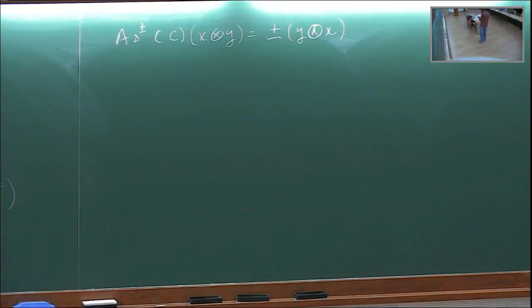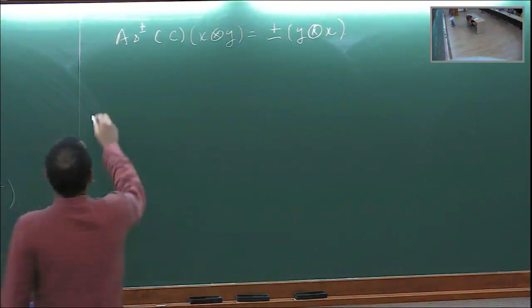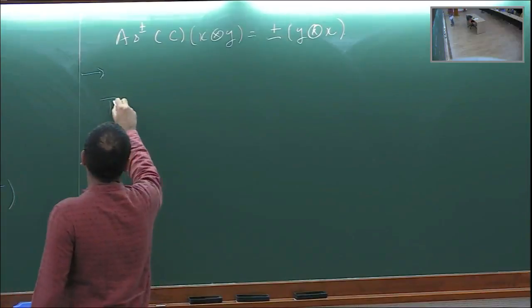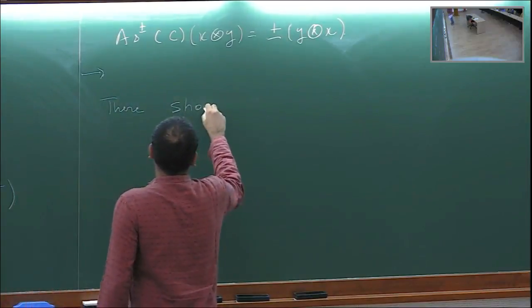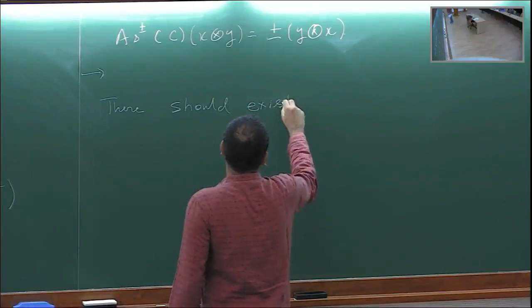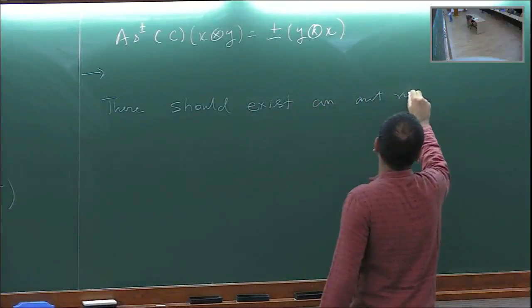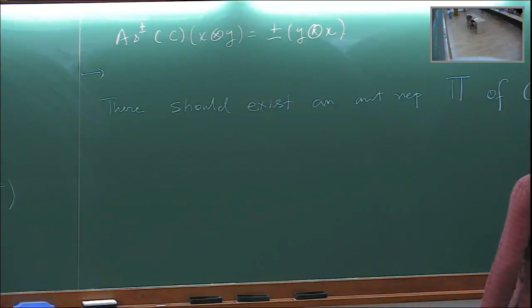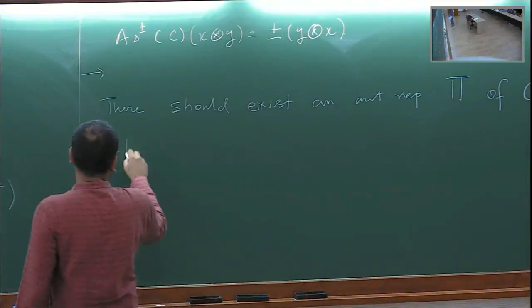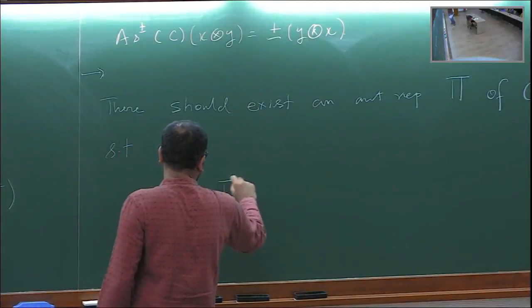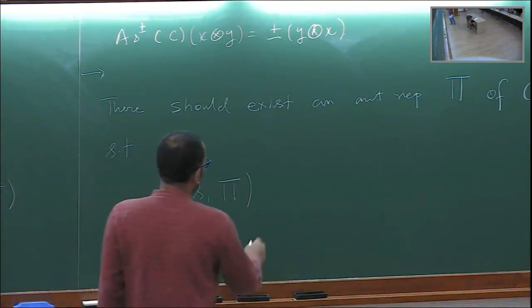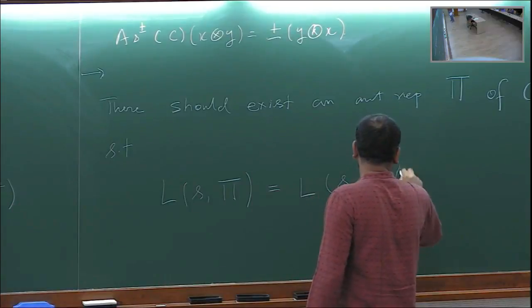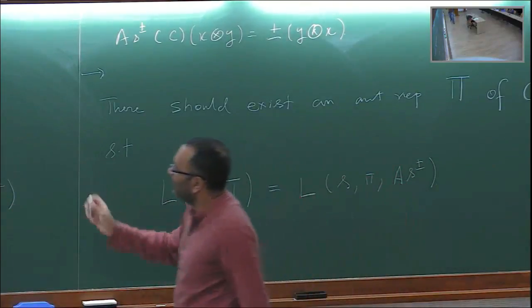All right. So this gives us a map between L-groups, and the principle of Langlands functoriality says that there should exist an automorphic representation, capital Pi of GL4 over the adeles, such that the L-function of capital Pi is equal to the Langlands L-function of little pi with respect to this representation.